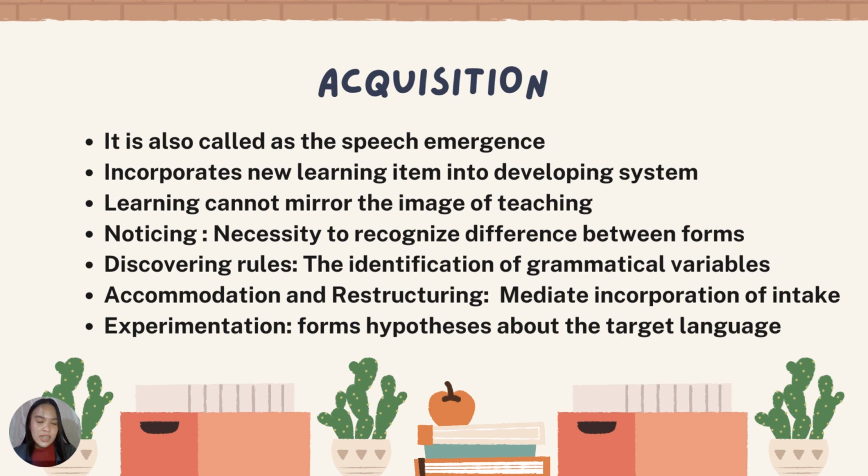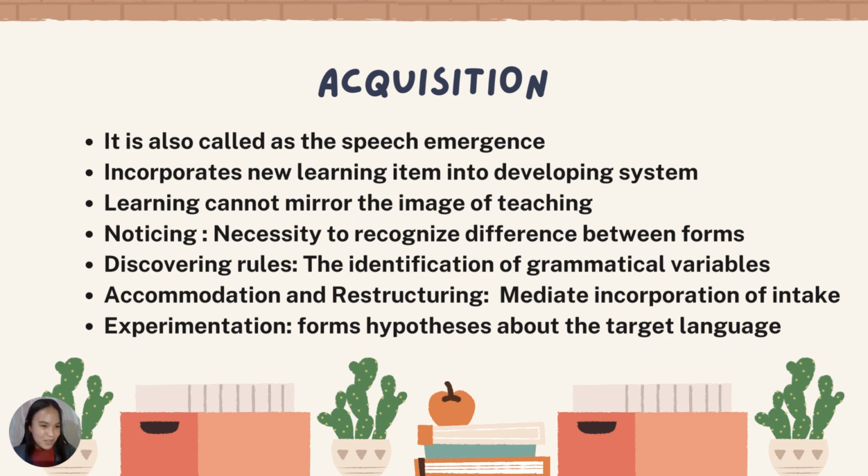So basically, in here, the acquisition, the learners tend to acquire some concepts or some items of grammar from his or her second language and incorporate it through his or her first language. So basically, that is what is meant by this third stage.